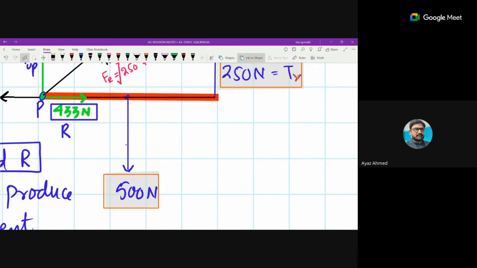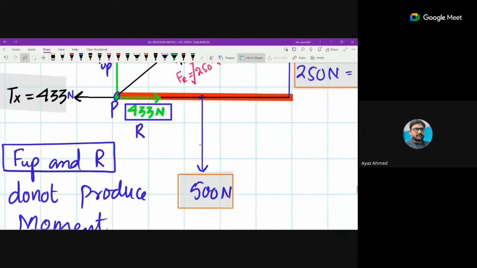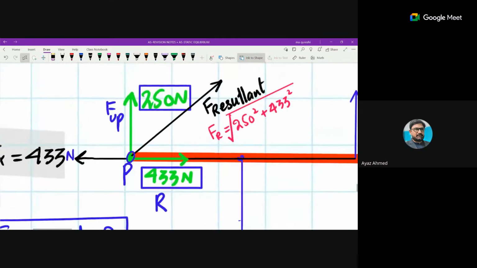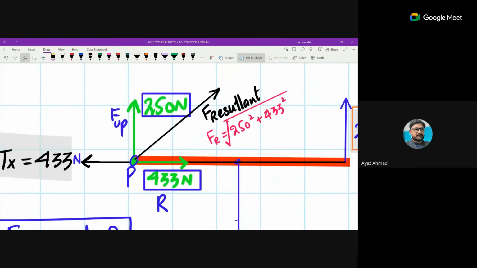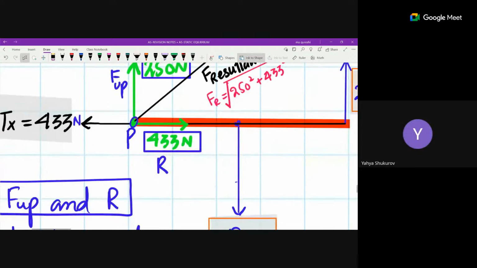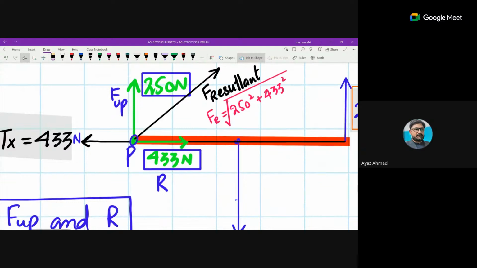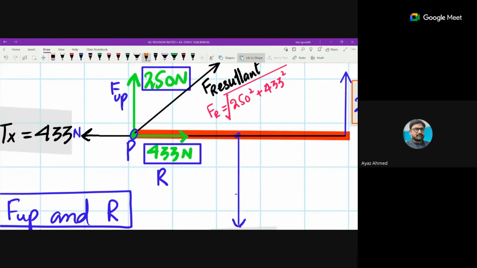But how is it possible that there is a law and it is failing? It's not possible. That is why there is a fictitious force, a hidden force, and that hidden force is acting at the hinges. Remember this thing. Just see, as I told you, there is a force of tension which was 433 Newton acting on this rod, at this pivot by the rope.